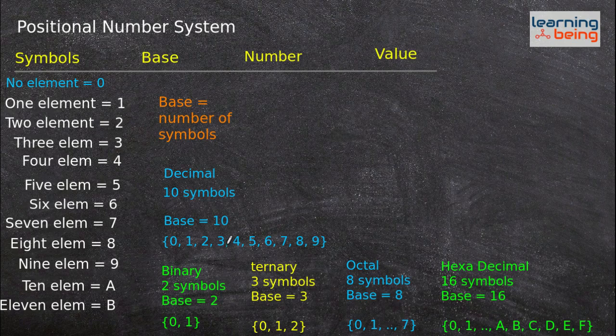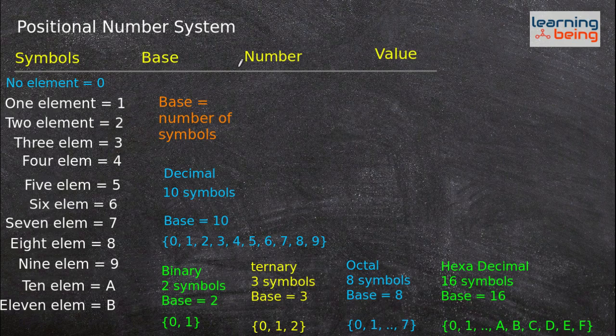So this is all about the symbols and base. The symbols are just to represent the count, and the base is the number of symbols we are using in that particular number system. It is also called radix. Base and radix are the same thing.